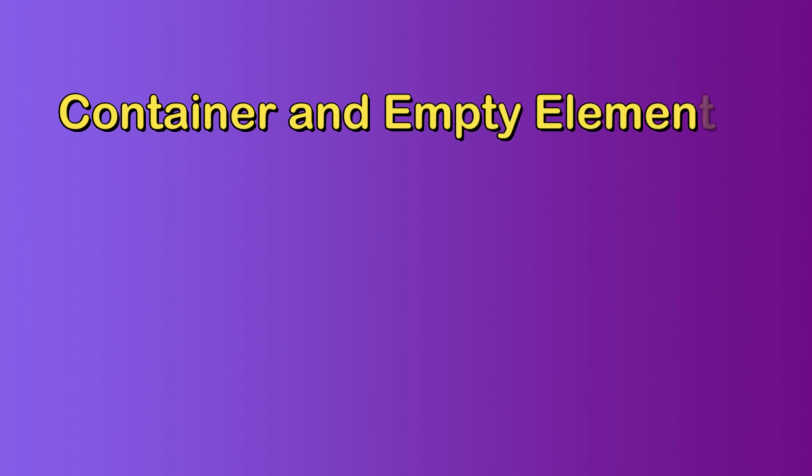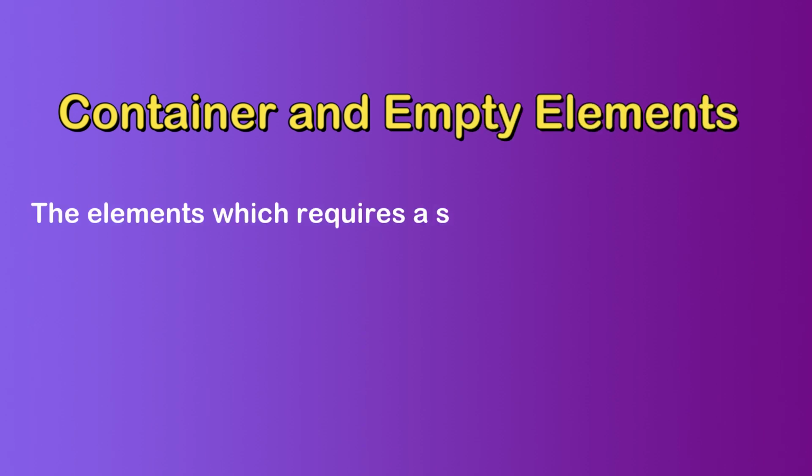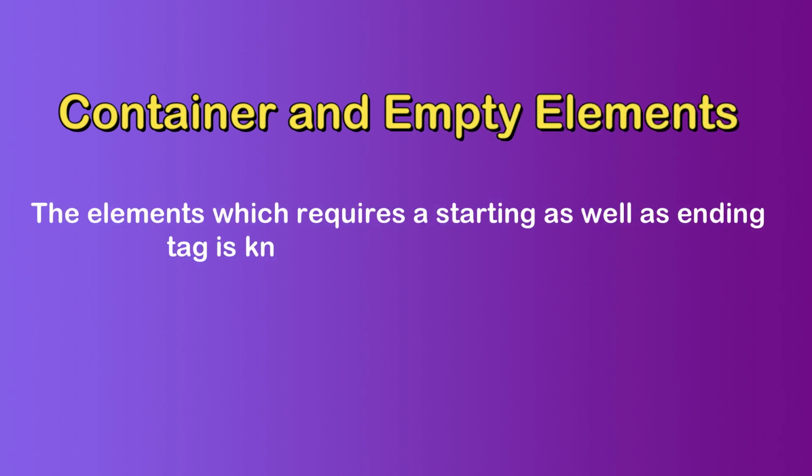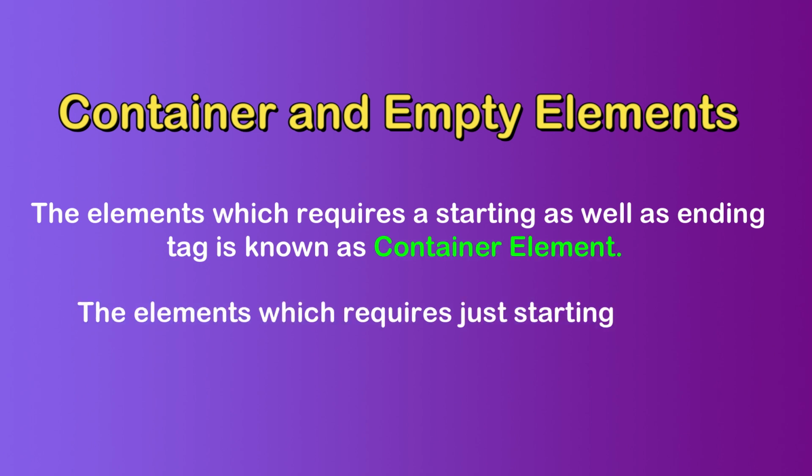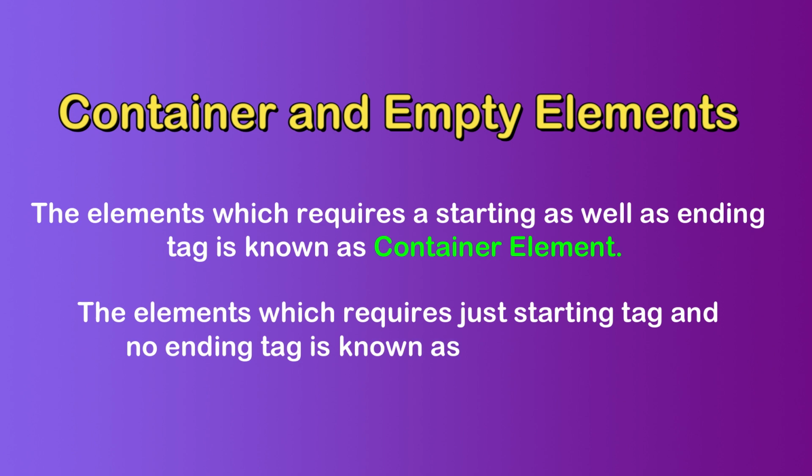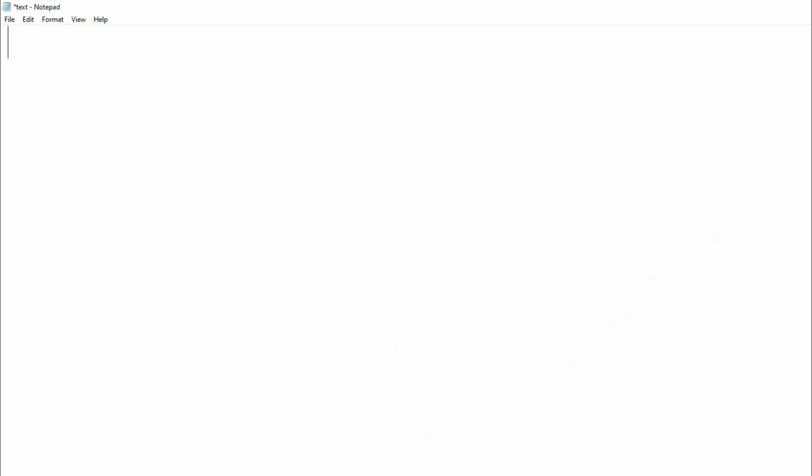In HTML there are two types of elements, container and empty elements. The elements which require a starting as well as an ending tag are known as container elements, and the elements which require just a starting tag and no ending tag are known as empty elements. So first let us understand the container element.